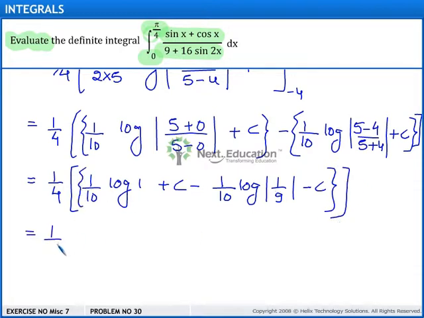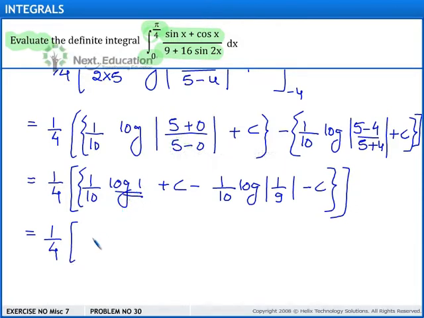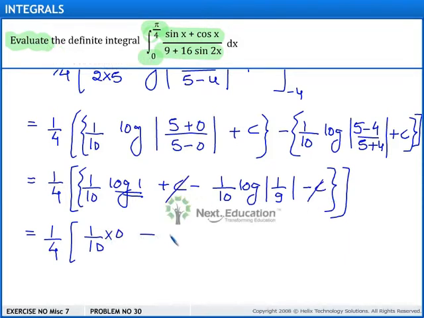Now log 1 is 0, so we have 1 upon 10 into 0 minus of 1 upon 10 log 9 raised to the power minus 1.